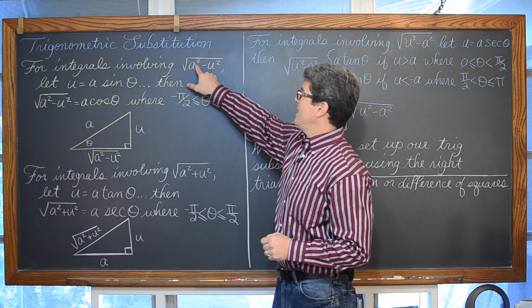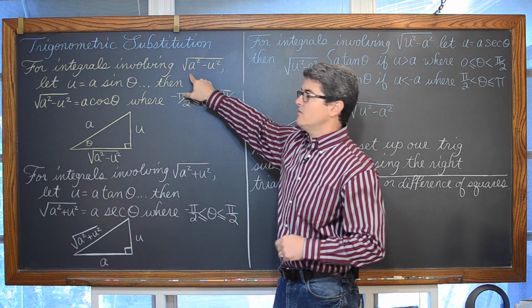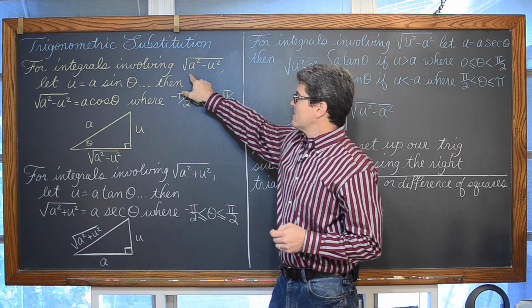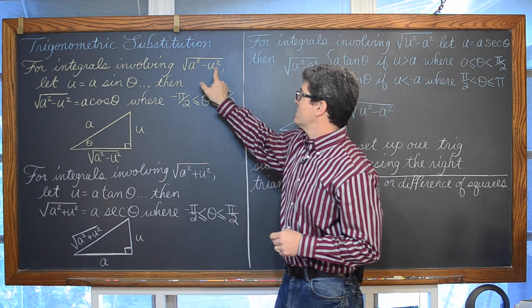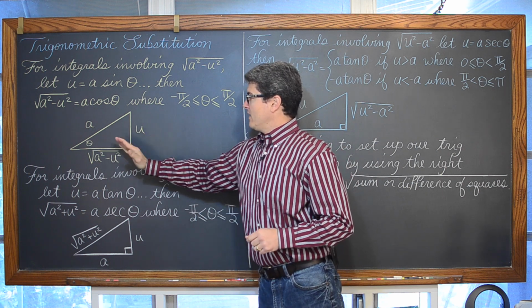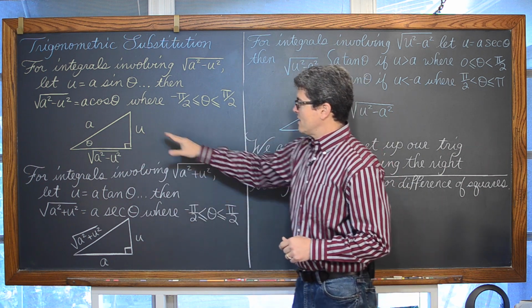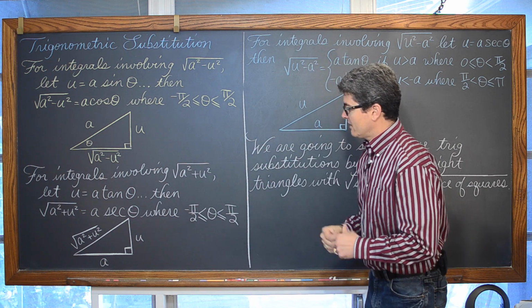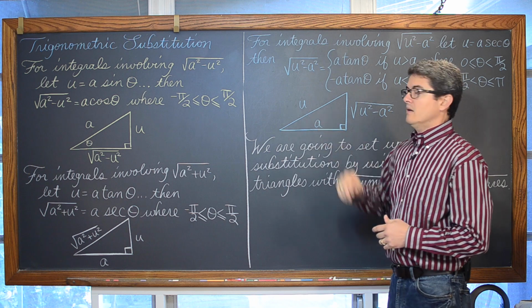And you can see that with a squared minus u squared, you can conclude that a is going to be the length of the hypotenuse and u is going to be the length of one of the legs. And we'll talk a little bit more later about how we place those variables, especially that variable of u, on one of the legs of that right triangle, unless of course it just happens to be the hypotenuse.